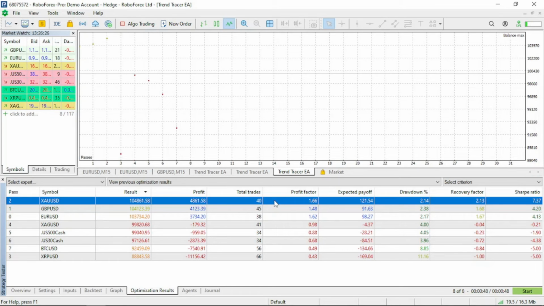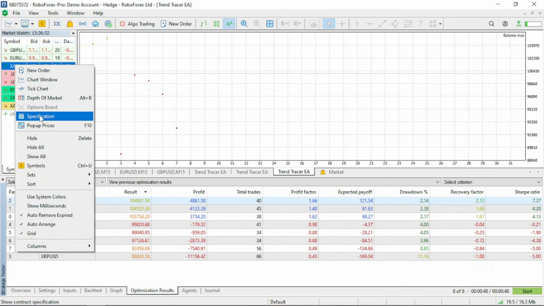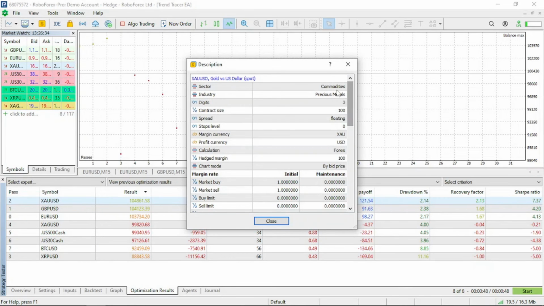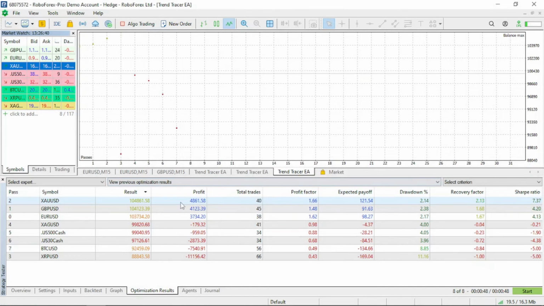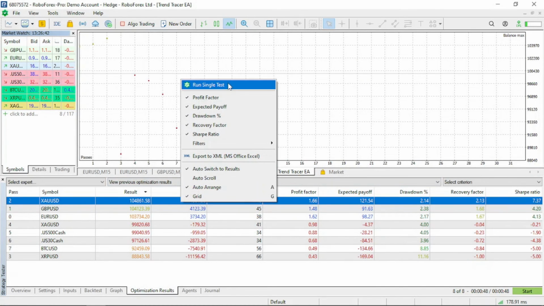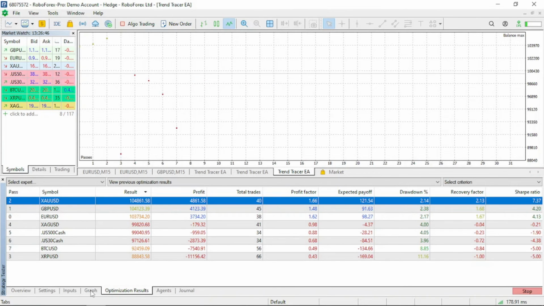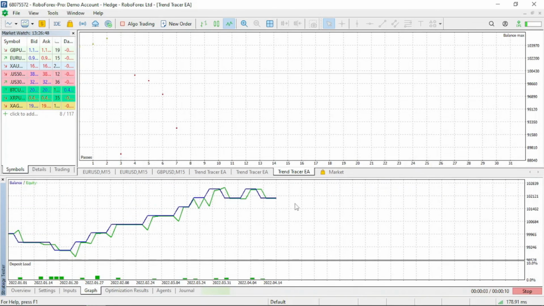What I'm going to do now is run a single test on gold and see if we can optimize it a little bit more. It is very important to check the specifications before trading gold, as it is different from broker to broker. So let's run a single test on gold.